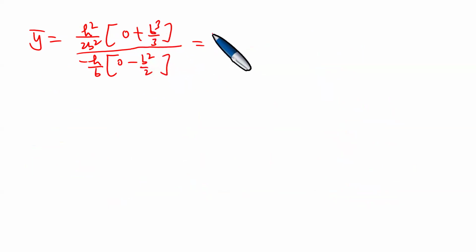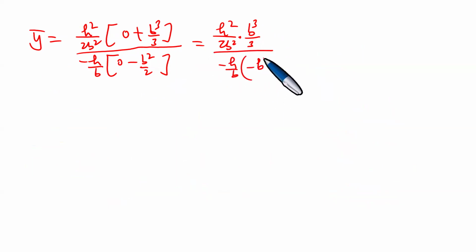So you can write here h squared over 2b squared times b cubed out of 3. You divide everything by minus h over b minus b squared out of 2. So the b squared cancels out, and the minute it does, you're going to be left with 1/3.